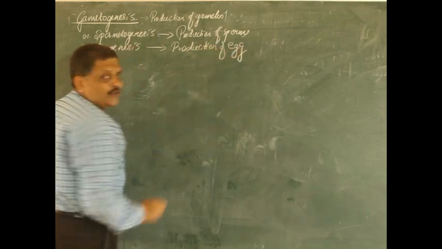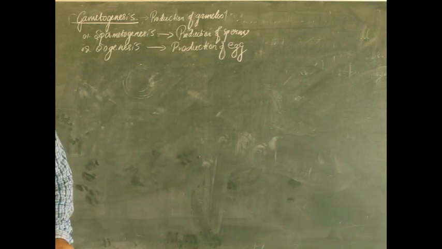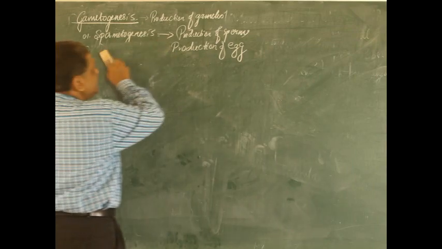Oogenesis is production of egg. First, let us study the process of spermatogenesis.